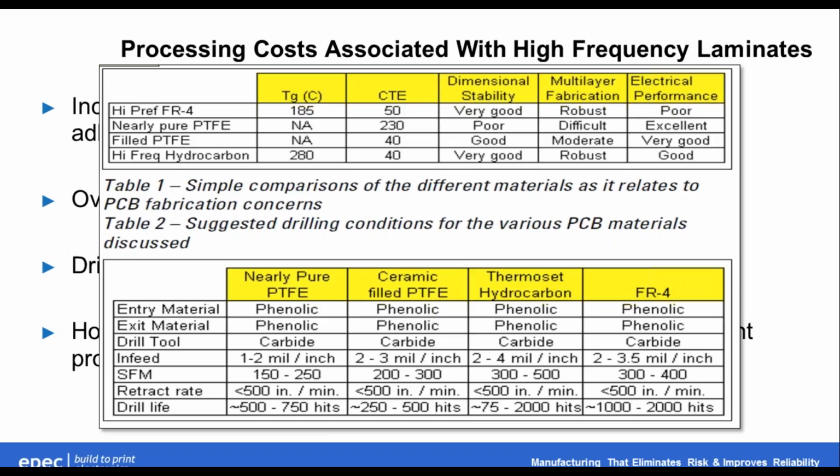A more normal ratio would probably be the ceramic-filled PTFE, which is here. 250 hits would be about normal for that. So, you know, comparing the FR4 to the ceramic PTFE, you're talking about 2,000 hits versus maybe as few as 250. That's basically 8x. You know, there's that 8x number, same as the cost of the raw material. So again, there's a little bit of cost stacking that comes in with this type of material. But if you need to use it and it's the right material for the job, then you need to consider using it.